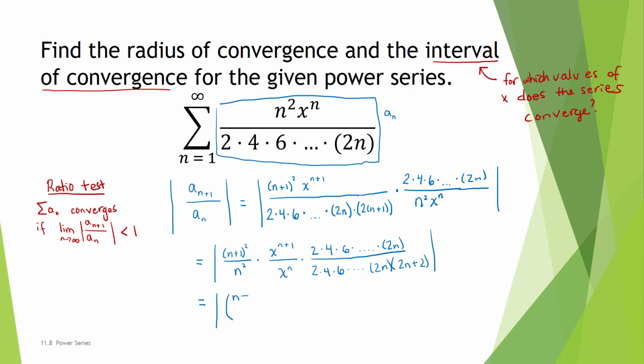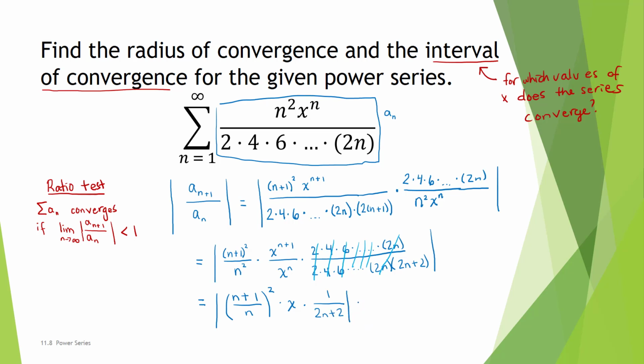So I can write this first fraction as n plus 1 divided by n, quantity squared. In the second fraction, we just have x. In this third fraction with the strange products, we can cancel the 2's, we can cancel the 4's, we can cancel the 6's, and so on and so forth. We can cancel the 2n's. So we end up with just 2n plus 2 on the bottom.